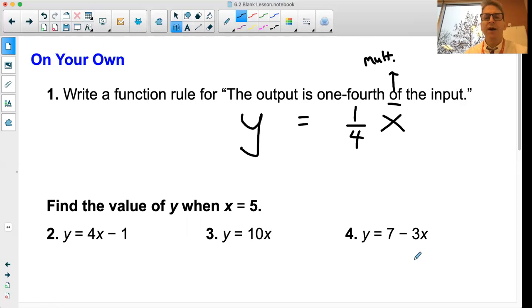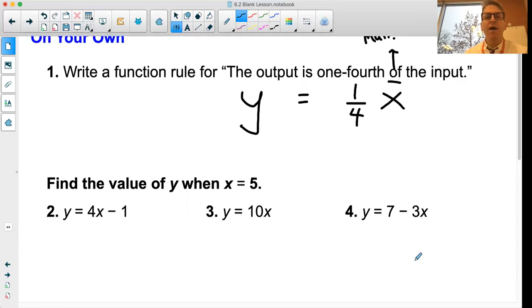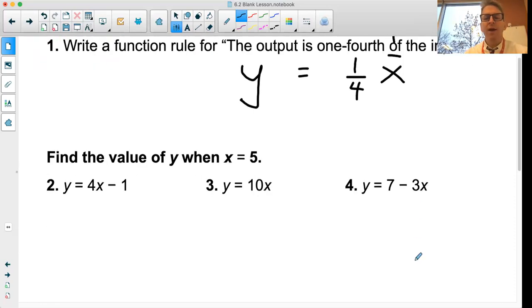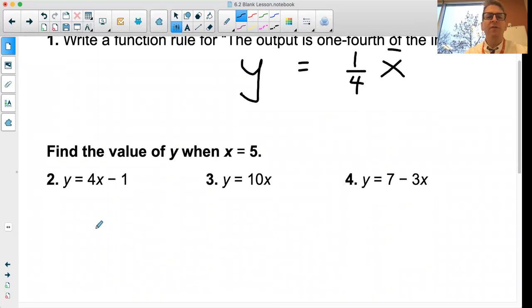Number 2, find the value of y when x equals 5. Okay, so you have your functions for 2, 3, and 4. What they want you to do is substitute x equals 5 into the function and evaluate, or find the value of the y, or the dependent variable.